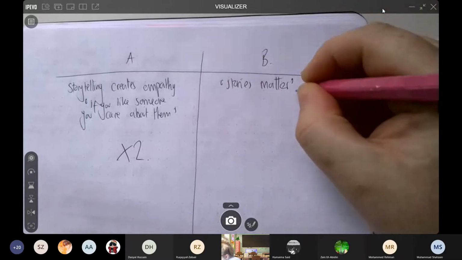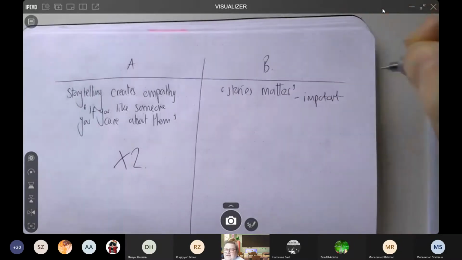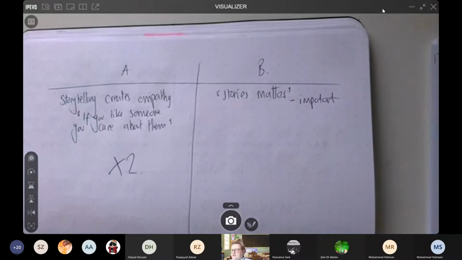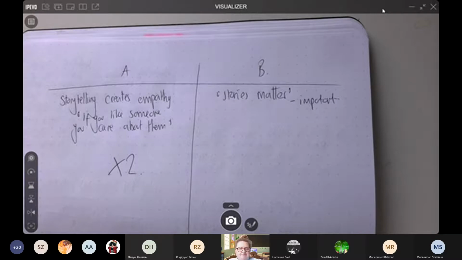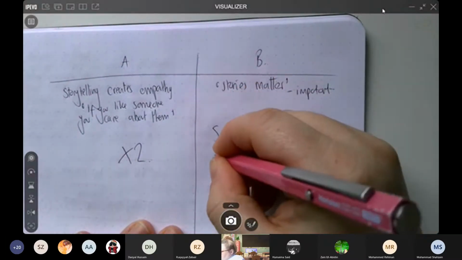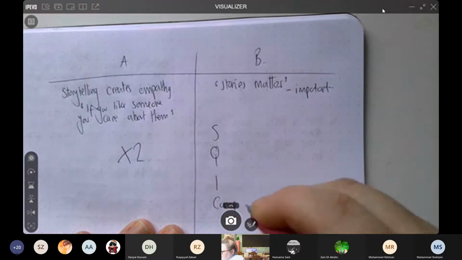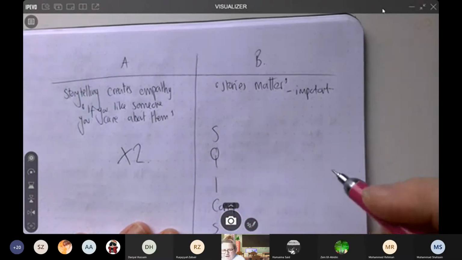Okay, so we know that she thinks stories are important in terms of educating us towards these texts. So what we need to do is we need to be able to turn these ideas into a statement, quotation, inference, comparison, statement, quotation, inference, paragraph.